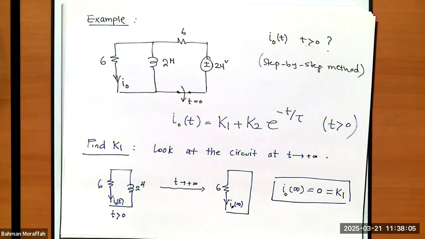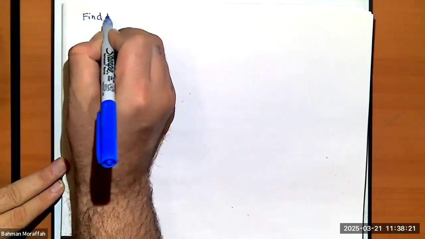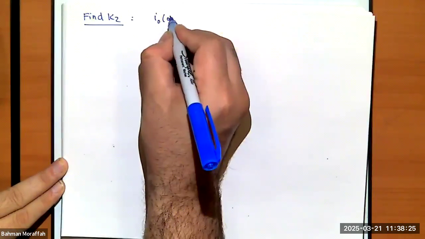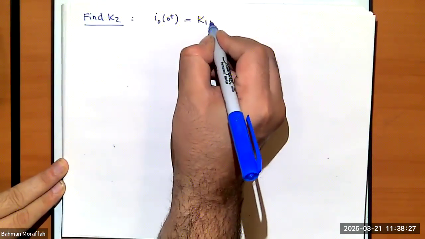Now our job is to find K2. To be able to find K2, we need to know I naught at 0 plus.